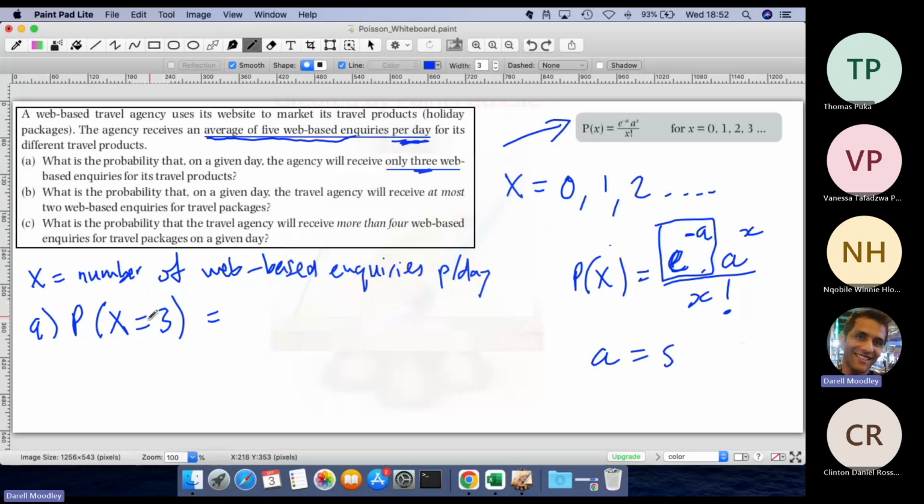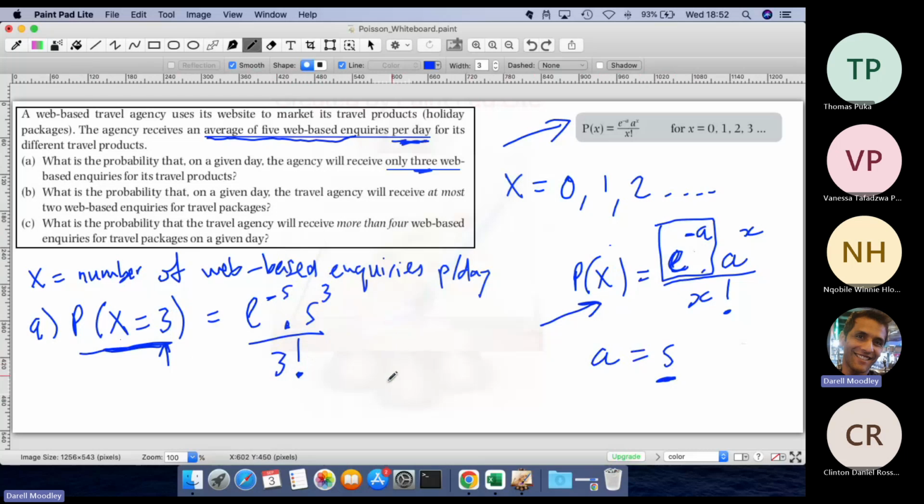If we want to work out this probability, all we're going to do is use this equation. Where you see x, you replace it with 3, and wherever you see a, you replace it with 5. So that becomes e to the minus 5 times 5 to the 3 all over 3 factorial.